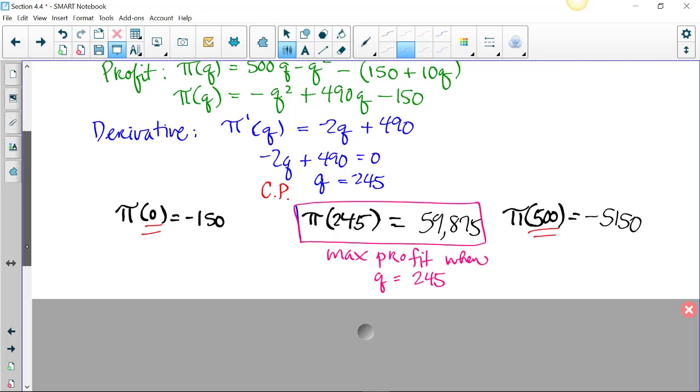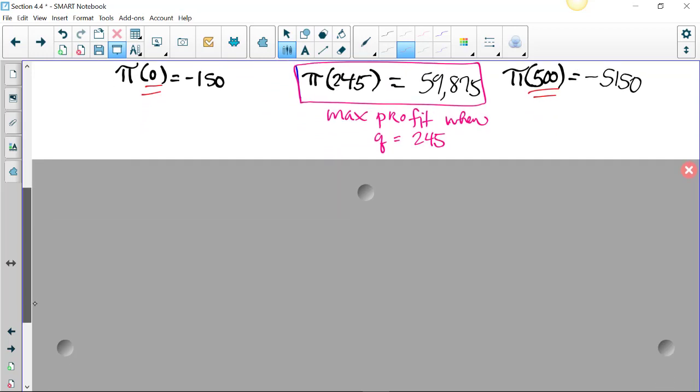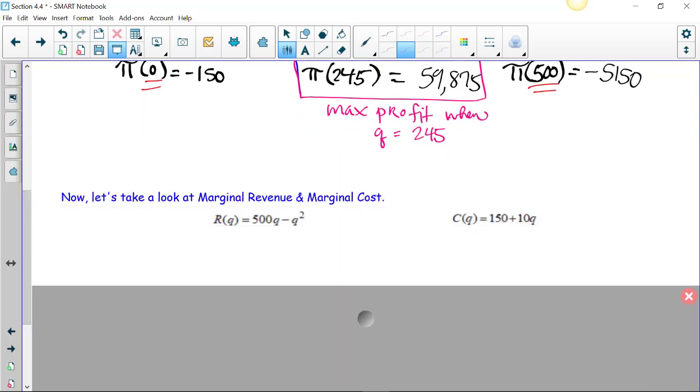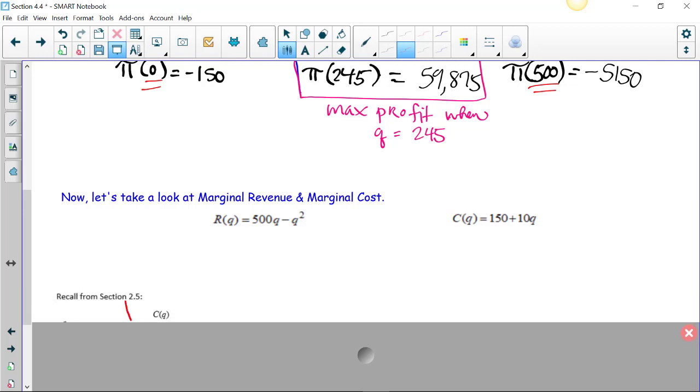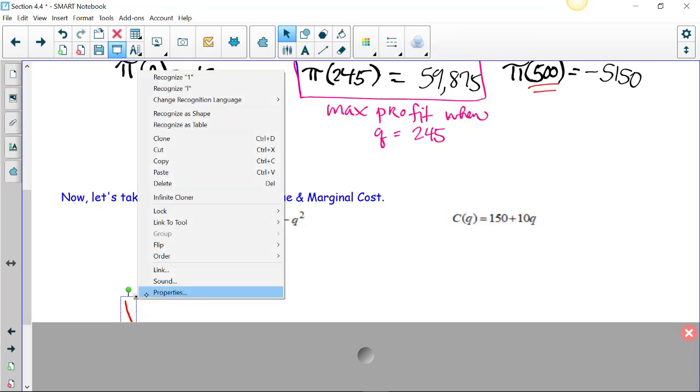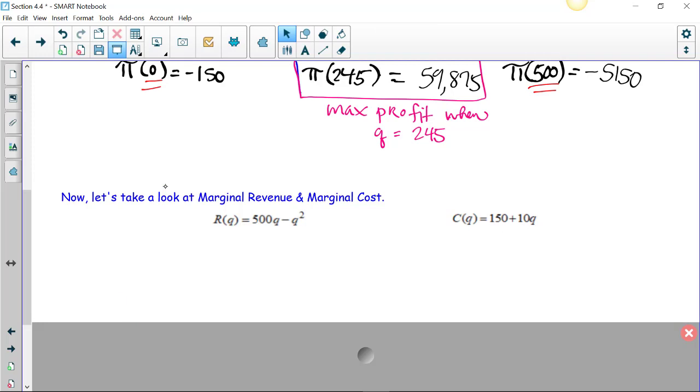Okay, so that's the old way. Now let's look at this in a different light, and let's talk about marginal revenue and marginal cost. Remember, marginal means the derivative, so it's the rate at which the revenue is changing per item, or the revenue that we would see by producing and selling an additional item.